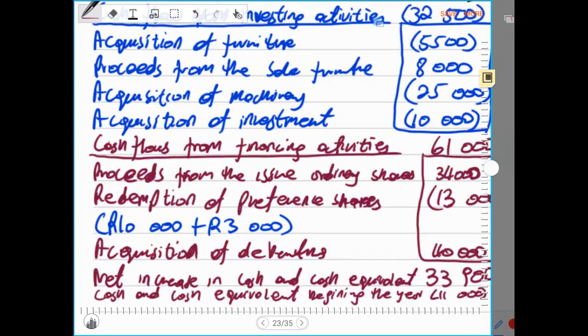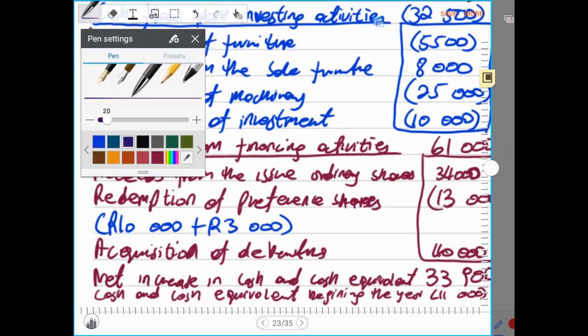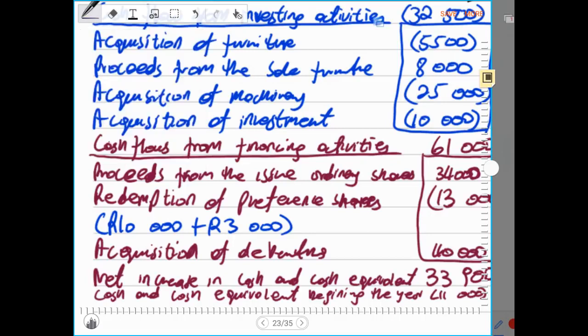Then the last one, cash and cash equivalent at the end of the year, was 22,900 rands. And now I can draw a line here.